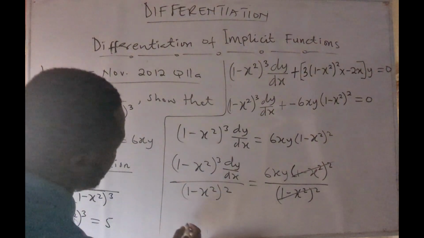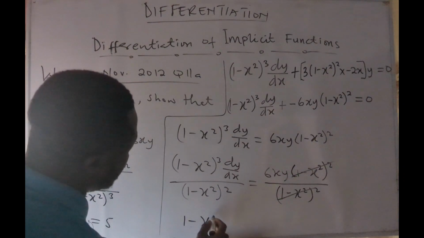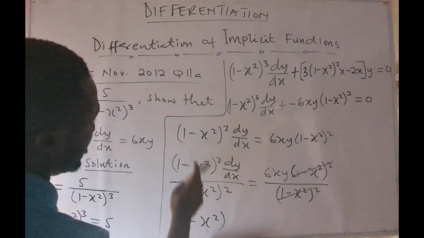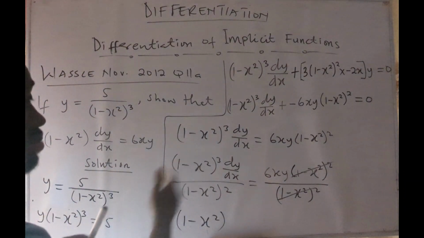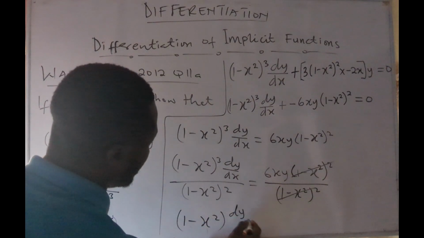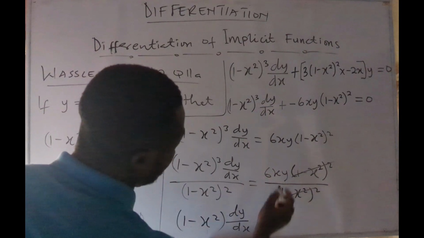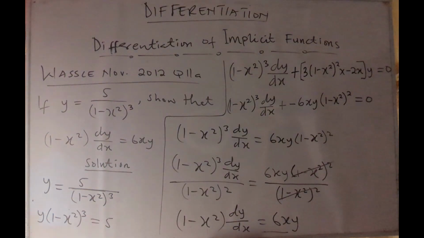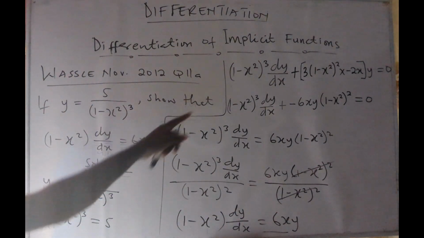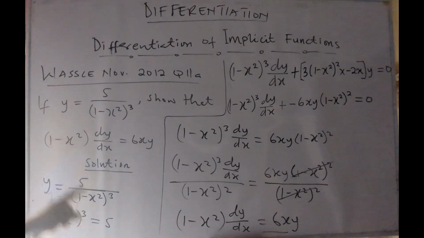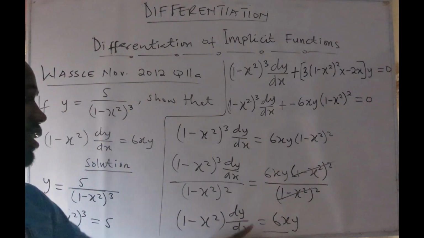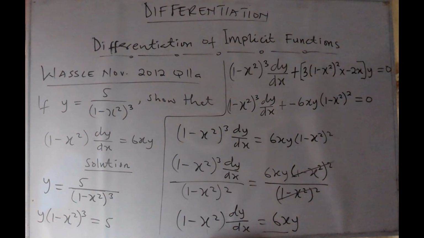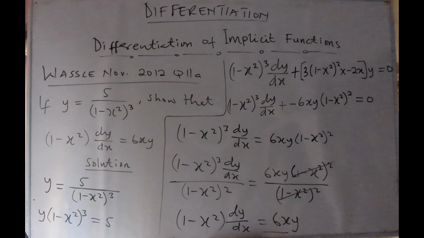The bases are the same, so I can subtract the exponents, leaving 1 dy on dx to be equal to 6xy. So this is my answer. So I have been able to show that (1 minus x squared) dy on dx is equal to 6xy. This is so simple and easy to do.